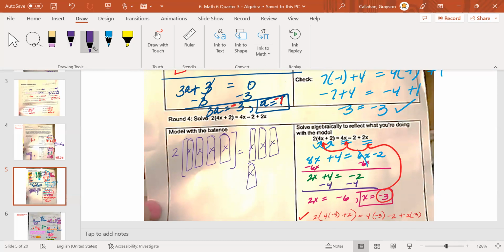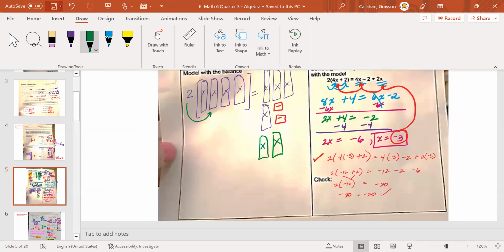Minus 2 means that there are squares. 1, 2, right? But then plus 2x. So there are 2 more, like this. Does that make sense? When you have the 2 right here, instead of having 4 rectangles, you take those 4 rectangles and double them. Does that make sense? Okay. All right, that's how you would do it. And that concludes your video.